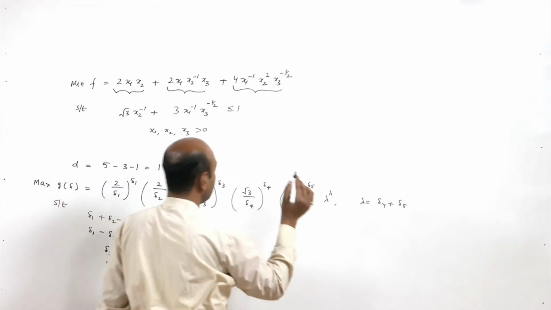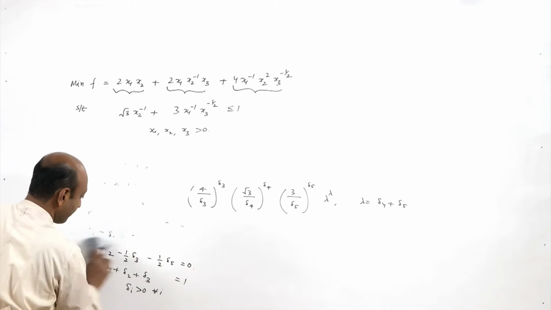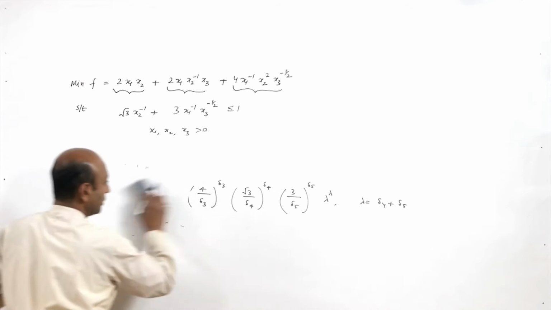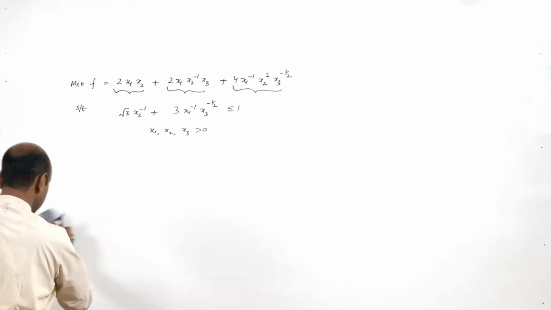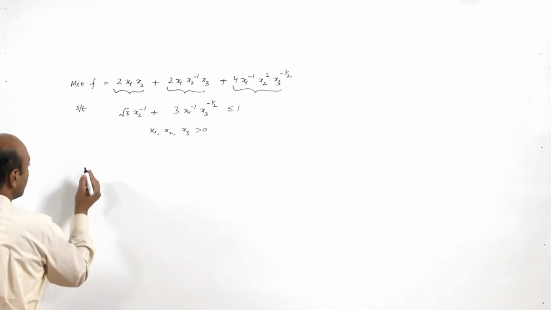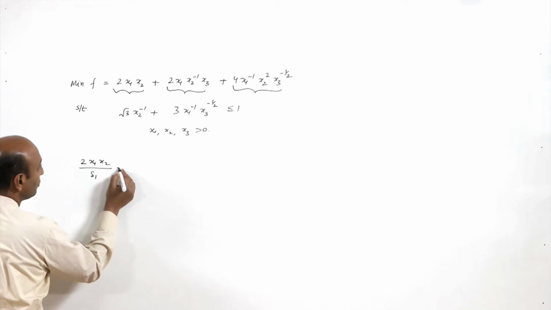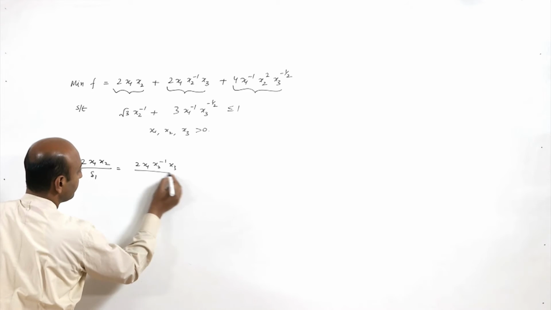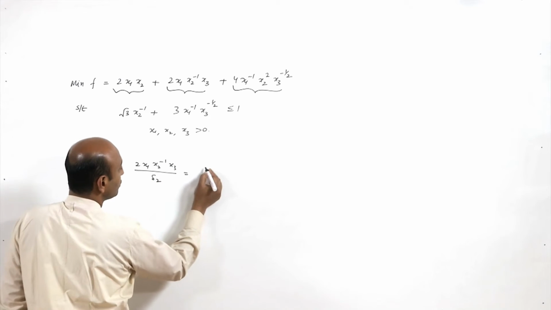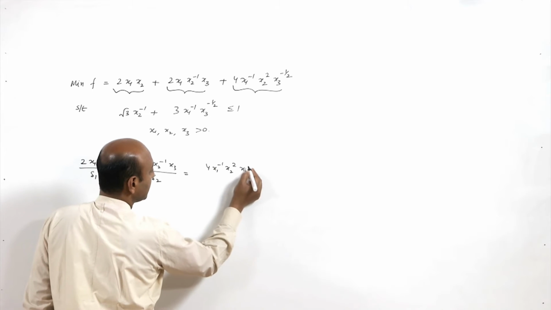From the equality constraint, u1 upon delta 1 should be equal to u2 upon delta 2, which should be equal to u3 upon delta 3.